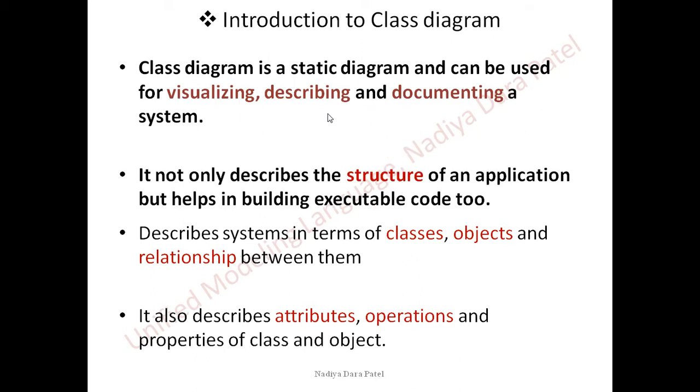It is not only describing the structure of an application, but it is also helping in building executable code. So this is one differentiable point, which makes class diagrams stand out in the crowd of the diagrams. The rest of the diagrams which we have already studied and which we are going to study are just going to give us the behavior or functioning of the system.